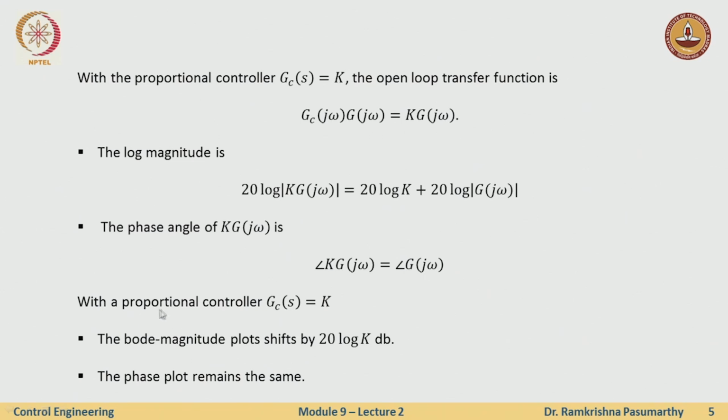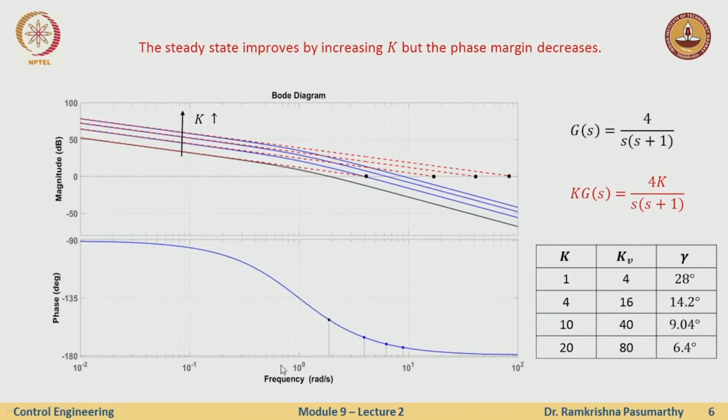So, with a proportional controller, the Bode magnitude plot shifts by this number 20 log k, the phase plot remains the same. Okay. But something strange happens here. Let us say I start with this plant and I just keep on increasing my gain to see what happens.